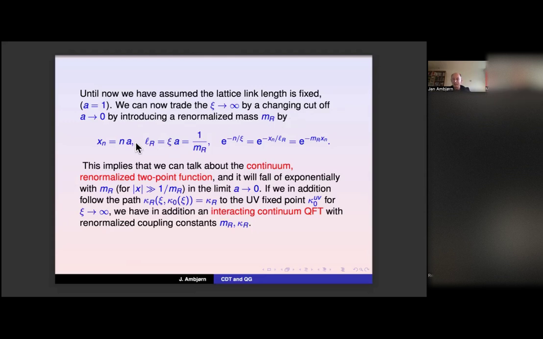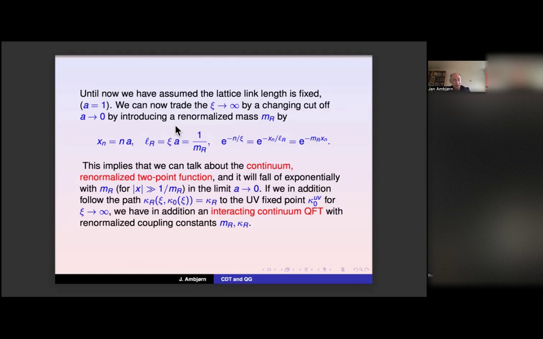We say we have the lattice space, and this becomes a real physical distance if you multiply it with a, and similarly the correlation length. If you multiply the lattice correlation length with a, it becomes a physical correlation length, the inverse of the renormalized mass. And we can now take a limit where this correlation length is kept fixed, the lattice correlation length goes to infinity, that is, we approach the critical surface, and we take a to 0.